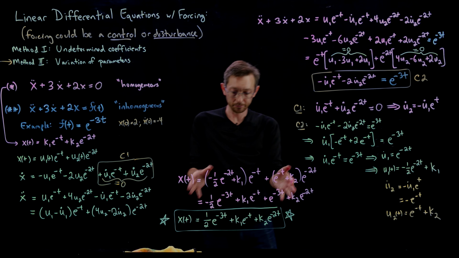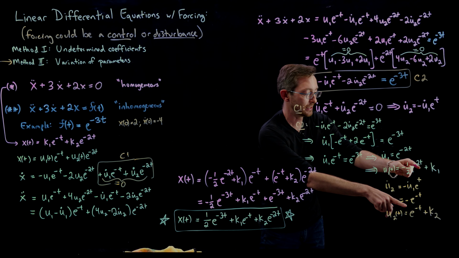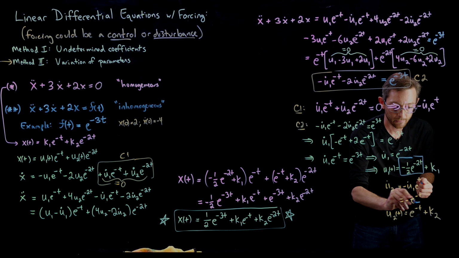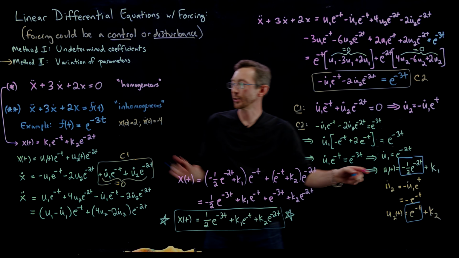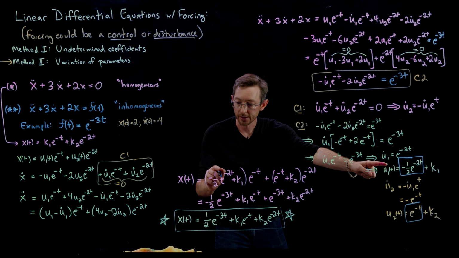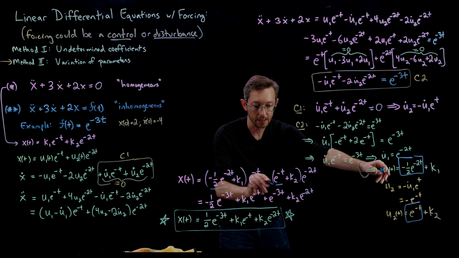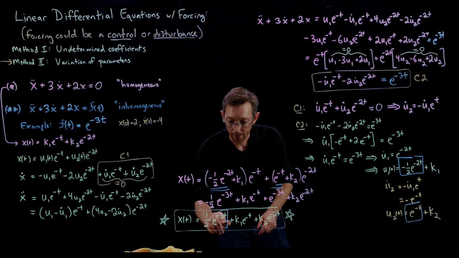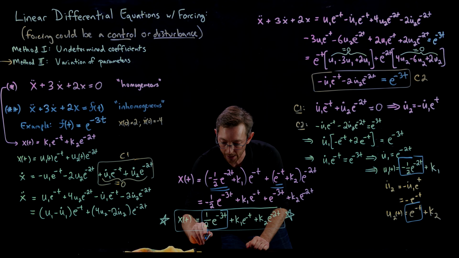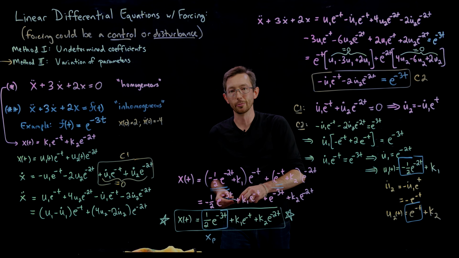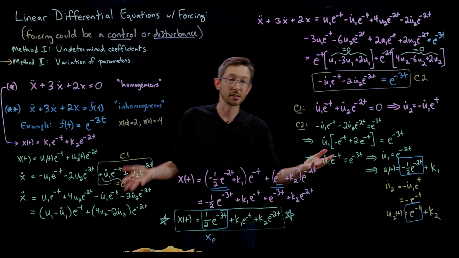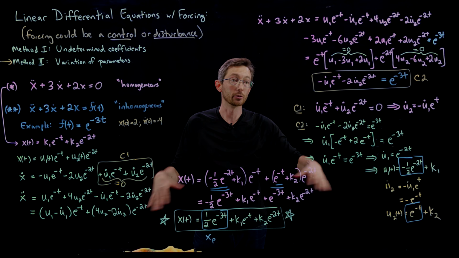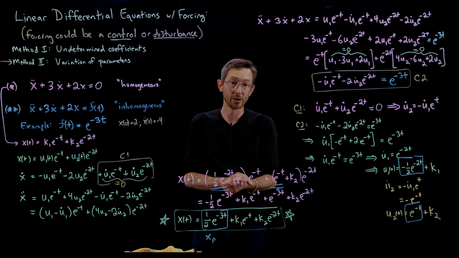And when you plug those in, what you'll find is that specifically these terms here end up being what contribute to your particular solution. So this term and this one, those add up to give you your particular solution xp here, and you still have your homogeneous solution. So this perfectly matches what you would get by solving for undetermined coefficients, but this procedure is going to be a lot more general for a lot broader class of forced differential equations.